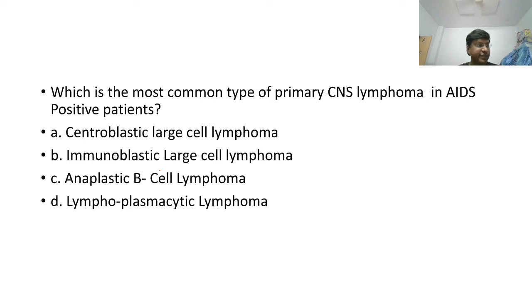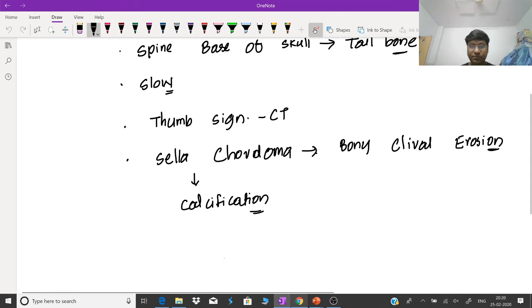Yes, who will answer this question first? One answer I got, that is C, anaplastic B cell lymphoma. Balamurugan, D, anaplastic. So majority of you with either C or D. Let me explain this.